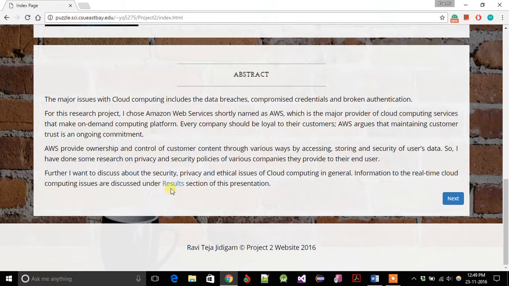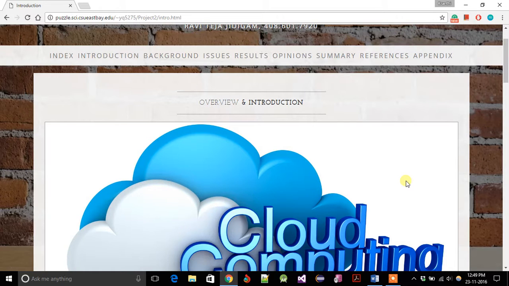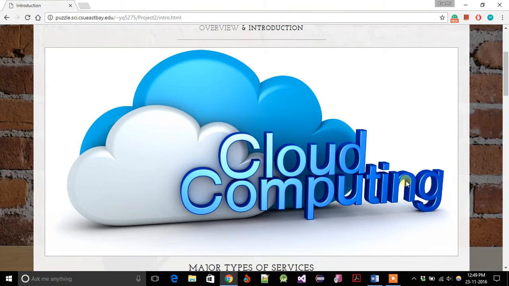If you click, we'll land on the results page. You can go to the next section from here. The next section is the introduction. In the introduction, we give an overview of the topic and the issues to be discussed.